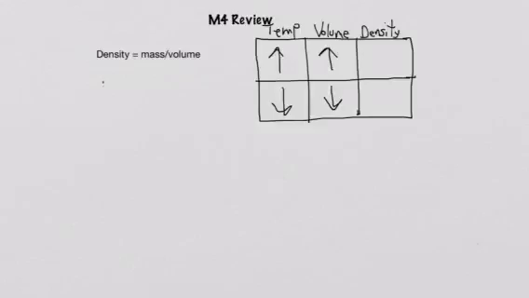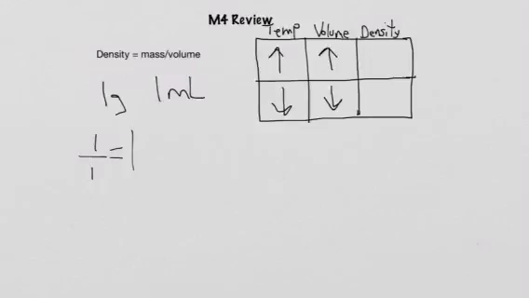So let's say that we have a mass of 1 gram and we have a starting volume of 1 milliliter. Okay? So, if we figure out the density, that's just 1 divided by 1, which equals 1. That shouldn't be hard. You should be able to do that. Now, let's say that we increase the temperature.